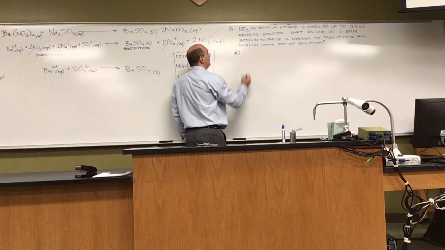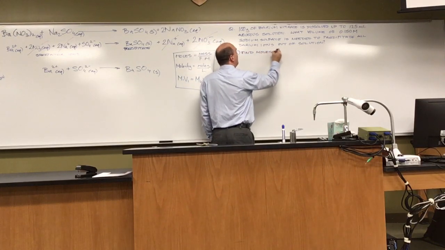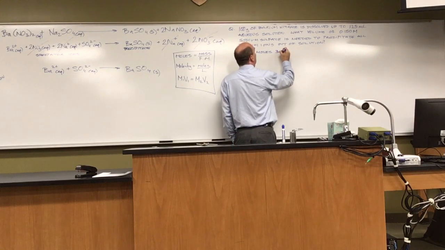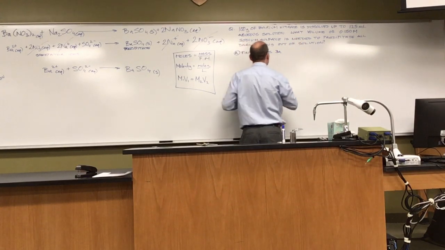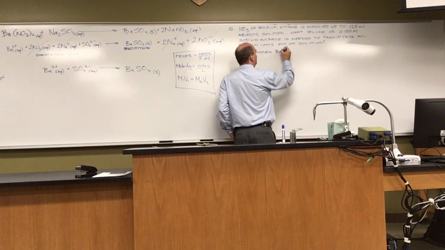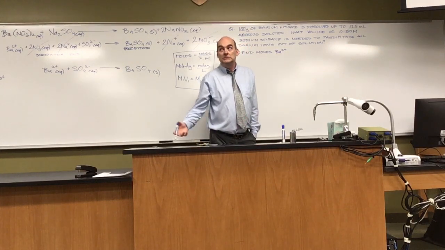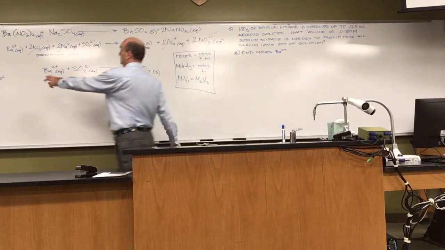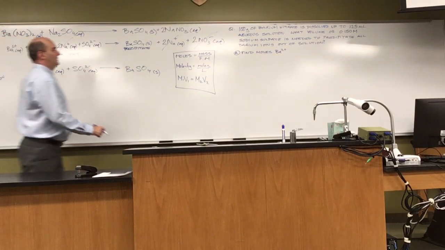A. Find the moles of, I think it's really Ba2+. The moles of Ba2+ is equal to the moles of barium nitrate.